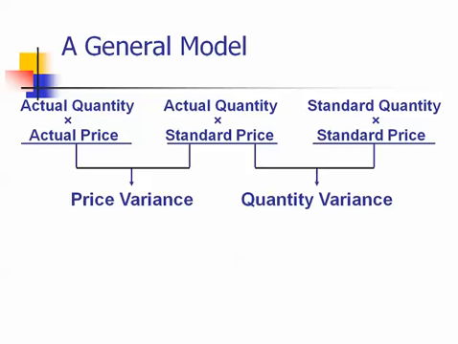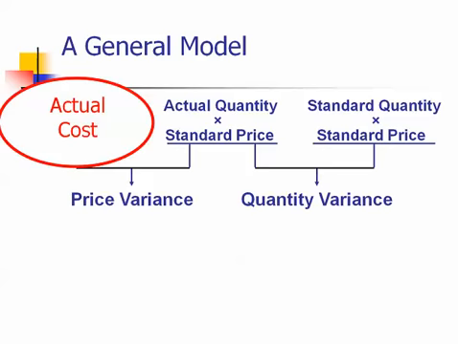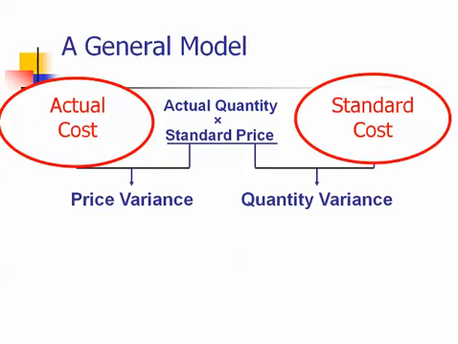Here's a general model for computing standard cost variances. On the far left, we have actual cost, which we can compare with standard cost, which appears on the far right. The difference between the two is our total spending variance. And to gain a better insight into the cause or source of this variance, in other words, was it due to differences in prices or differences in quantities, we need to introduce a center column, which is simply the actual quantities multiplied by standard prices.